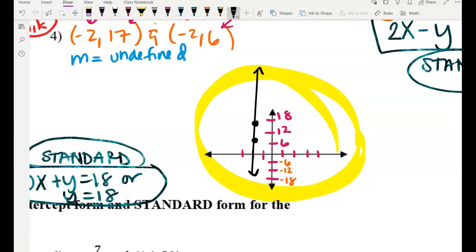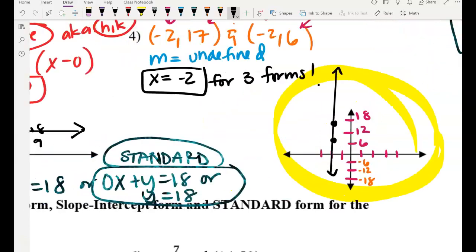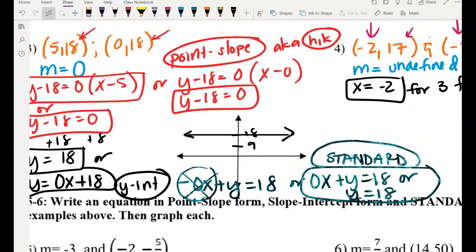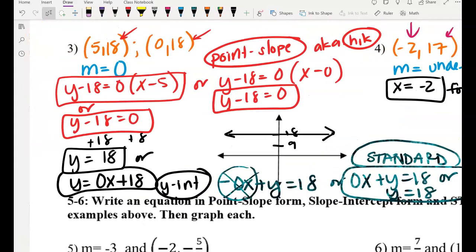Because it only crosses over the x-axis, you would only have x equal to -2 for all 3 forms. Yep, that's exactly right, okay? Over here, we have y minus 18 equals 0. Technically, y equals 18 should be okay for all 3 forms as well.